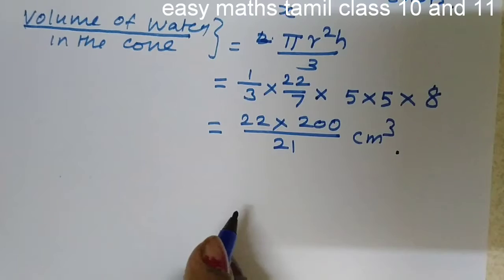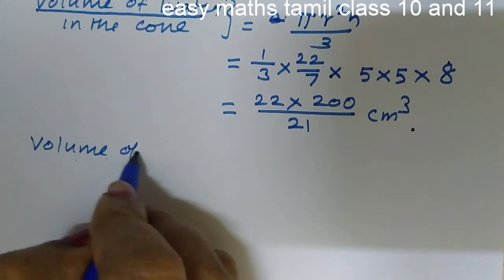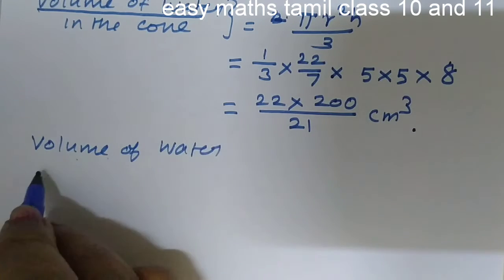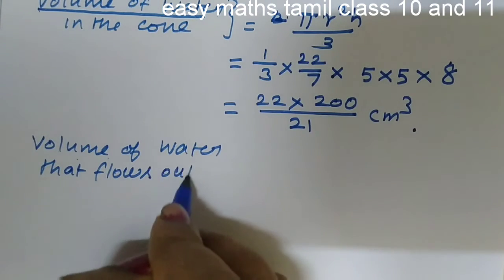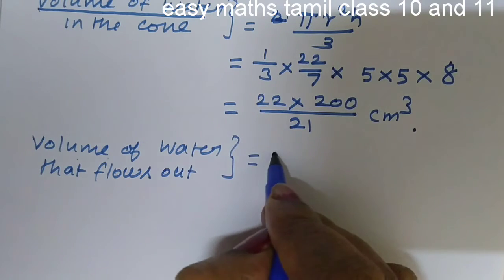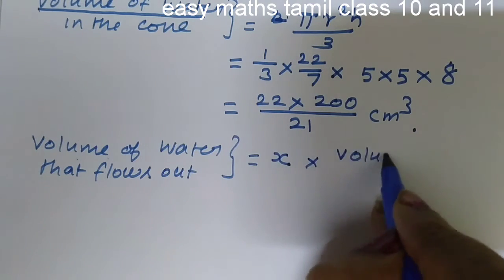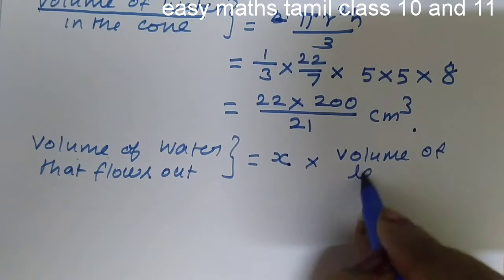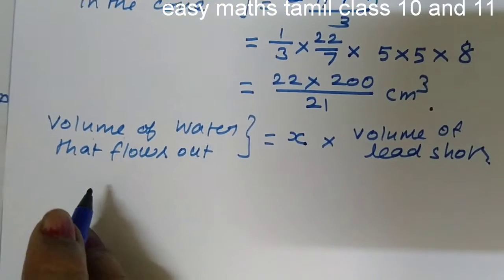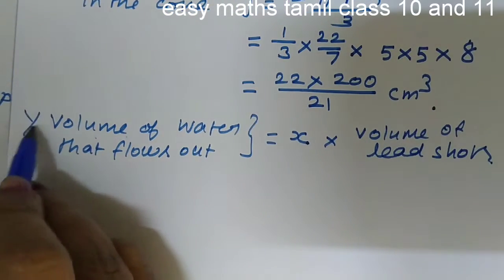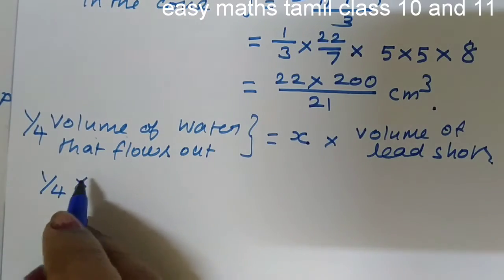Now let us calculate the volume of water that flows out. Volume of water that flows out is equal to the total number of lead shards into the volume of lead shards. So the volume of water that flows out is 1/4 into the volume of water.